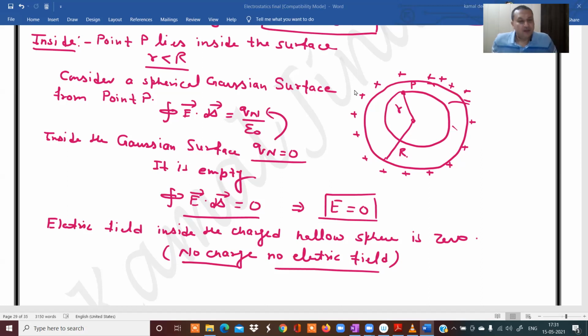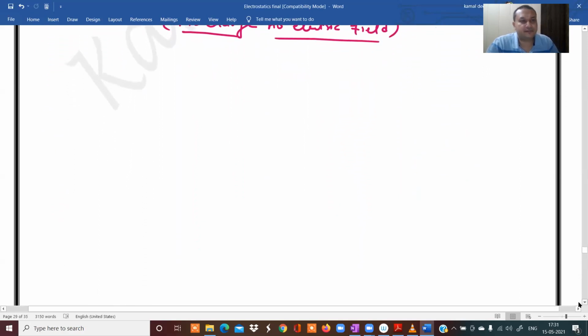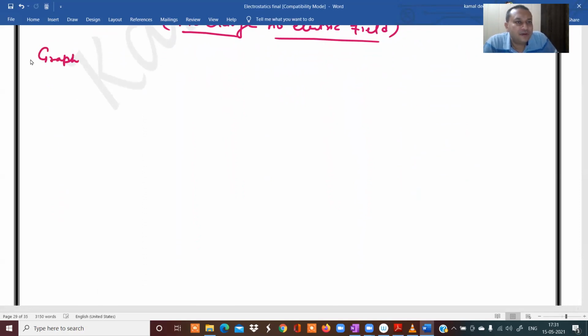Now we have the next heading, the result and the analysis: graph between electric field and R. Graph between E and distance from the center.